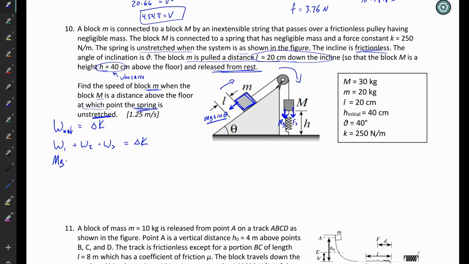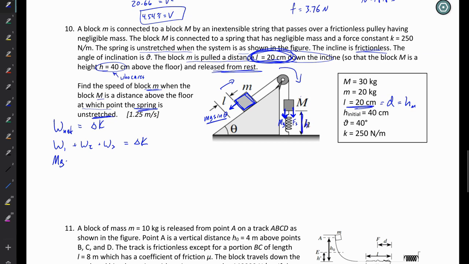So recall earlier that we stretched the spring 20 centimeters down. So the spring stretch is 20 centimeters, and that's also going to be the distance that everything travels for the points that we're interested in, and that's also going to be the height for the mass that this thing travels through.